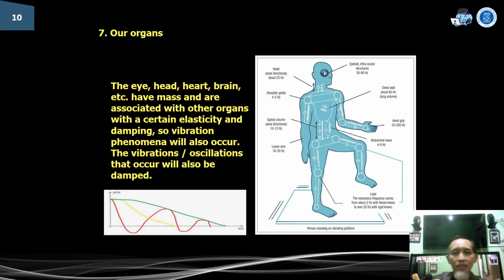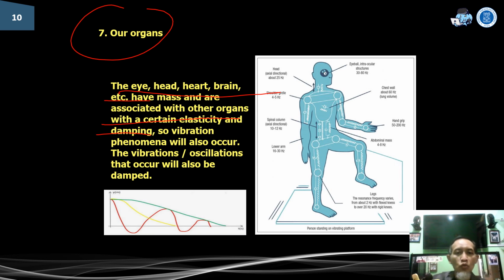Okay, the next example is our organs. Our eye, head, heart, brain, etc. have mass and are associated with other organs with a certain elasticity and damping.